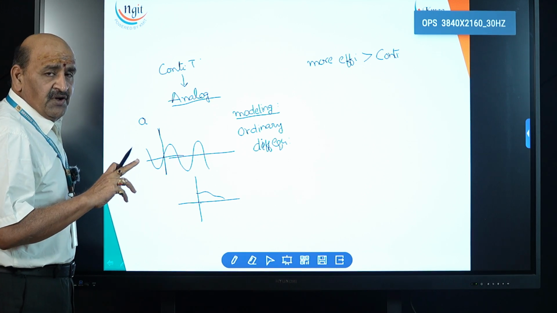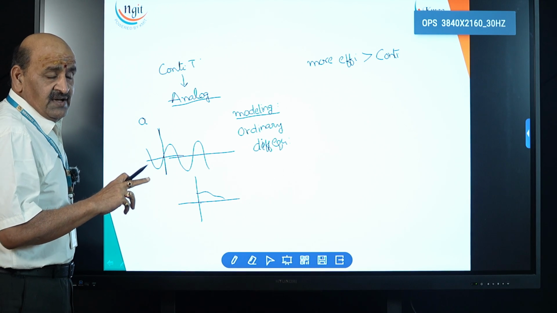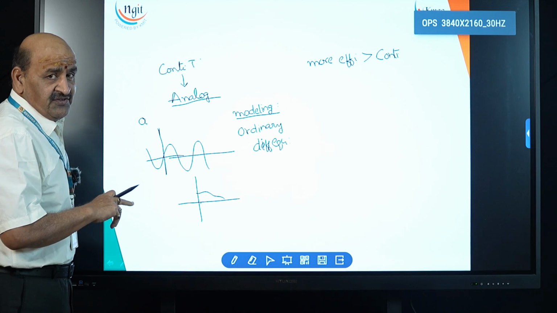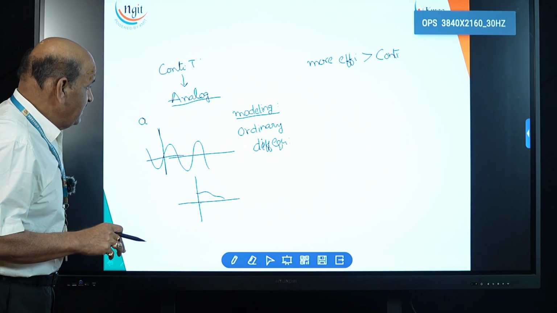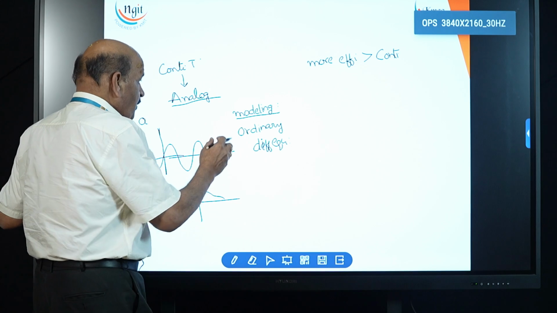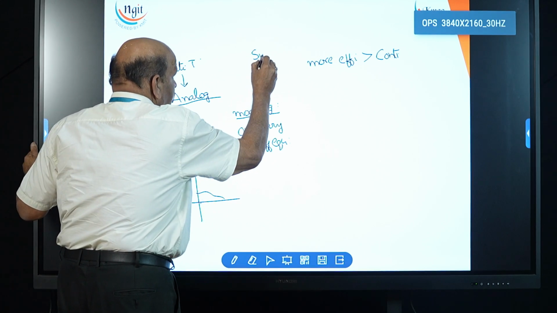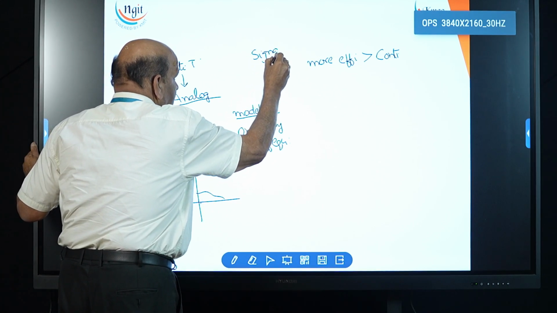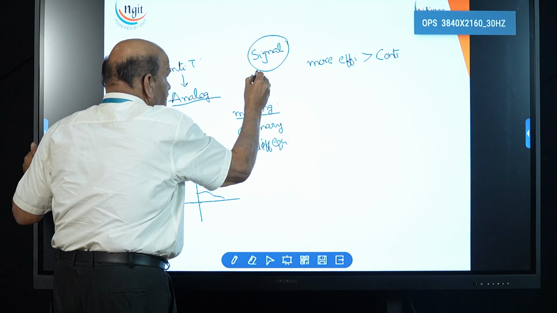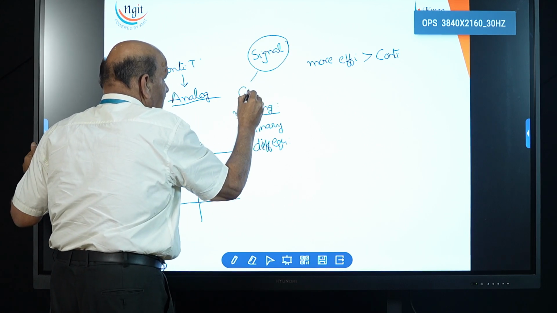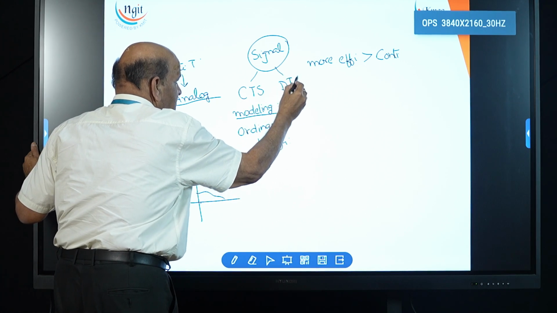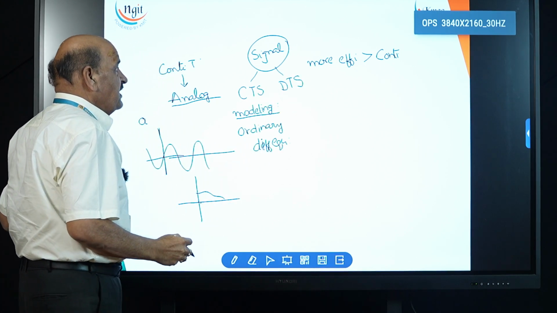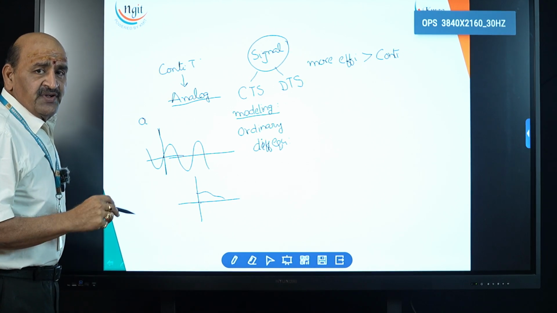We already gave the required material in the beginning of the first class. Whenever there is a concept of signal, students have to remember this is for continuous time signals and this is for discrete time signals.